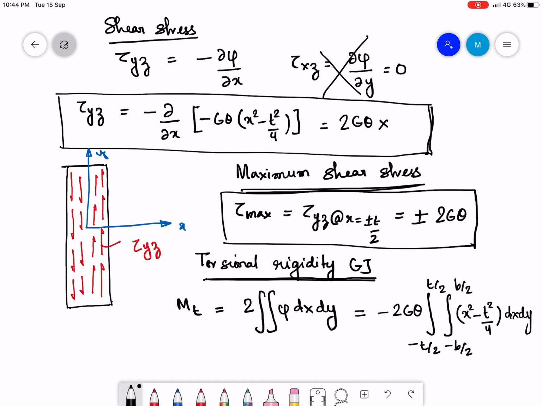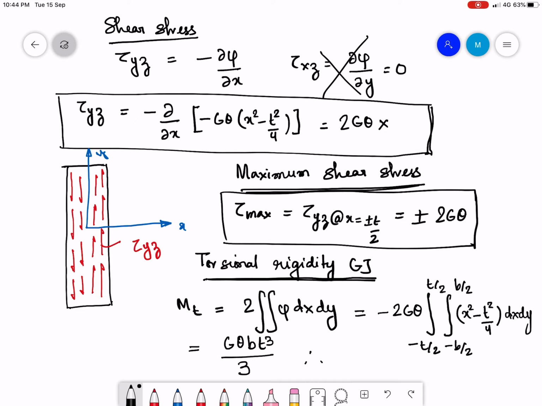If we evaluate this integral, the Mt is going to be g theta b t cube by 3.